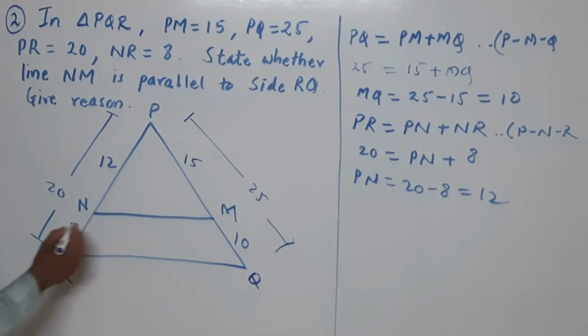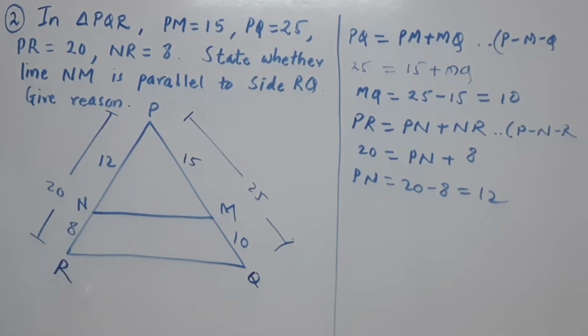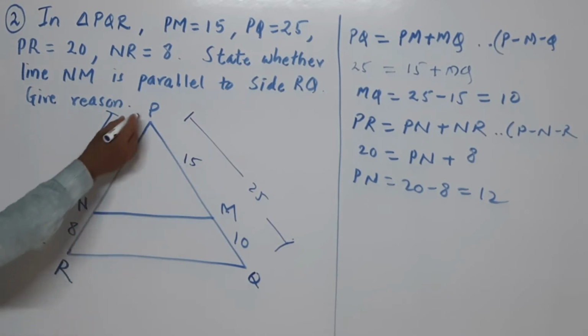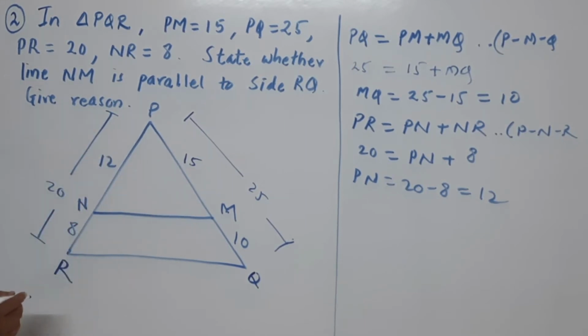Now we have to prove whether NM is parallel to RQ. If the corresponding ratios are in proportion, that is equal, then the lines will be parallel by the converse of BPT.